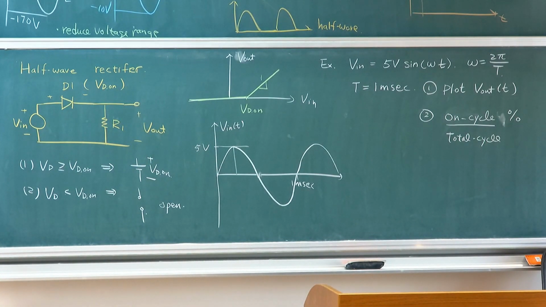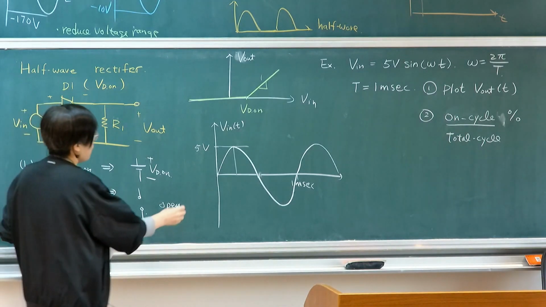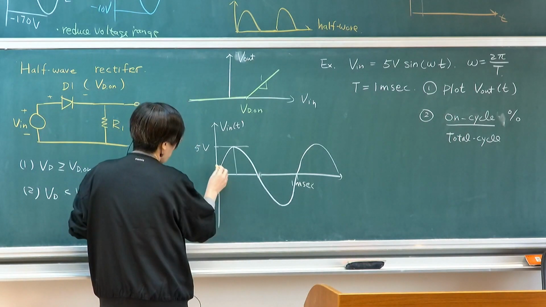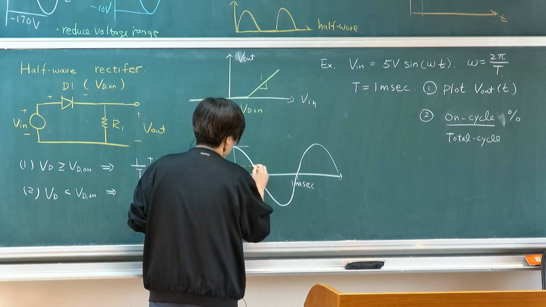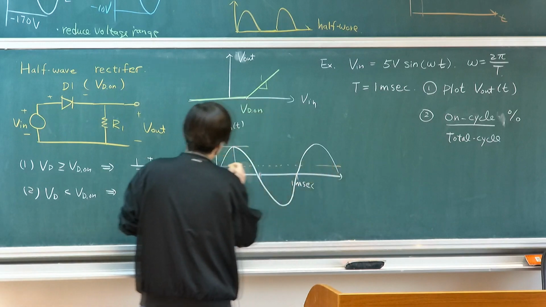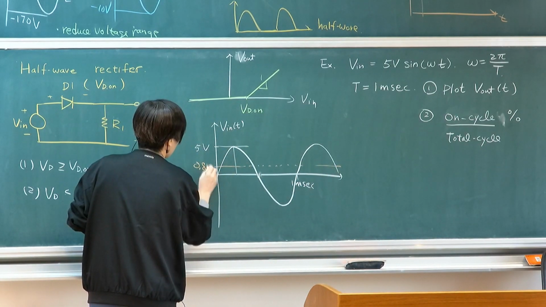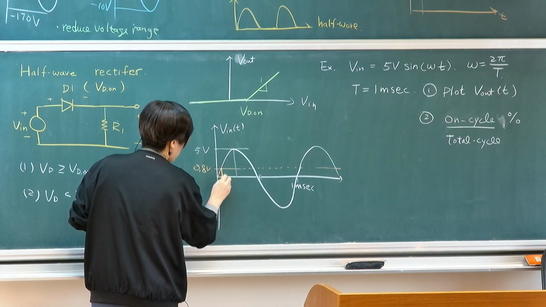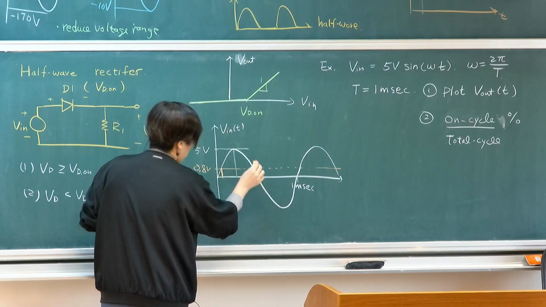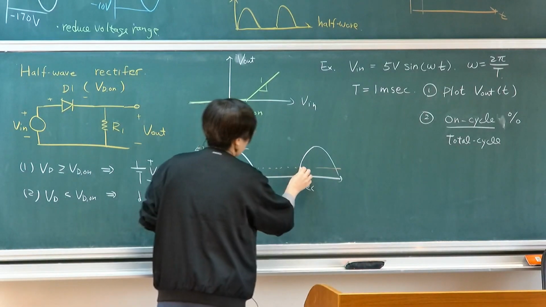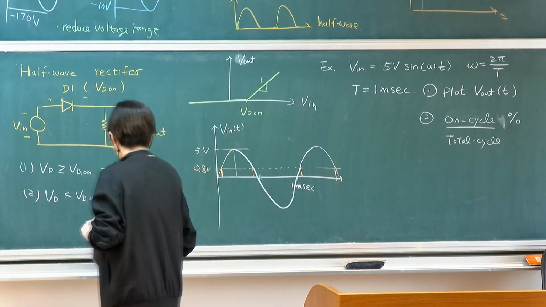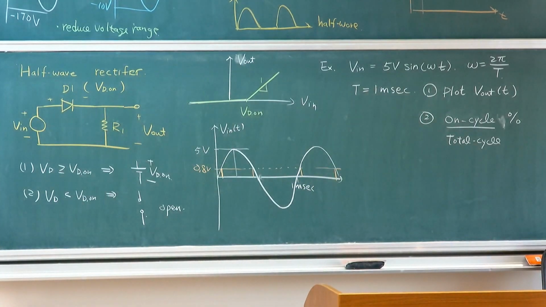So if I ask you to draw Vout, we know that your boundary, when it transitions, is with this line. So first of all, you draw this 0.8 volt. So we know that it will switch on at this turning point, right? So I'm drawing my output response.